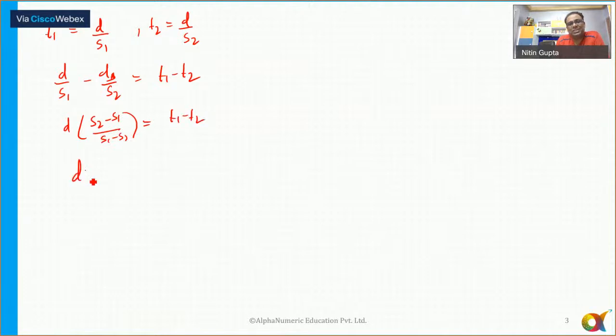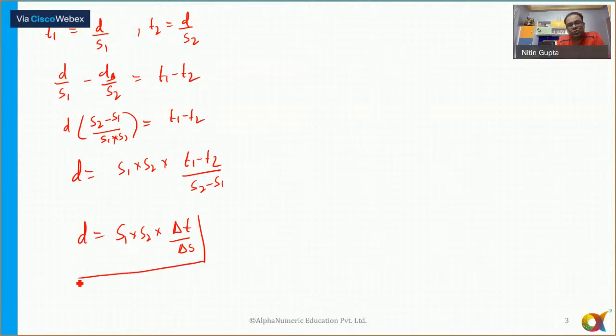So distance is basically, this is S1 into S2. Distance is equal to S1 into S2 into T1 minus T2 upon S2 minus S1. And what is the difference between these two? I can say change in time. So distance is basically the product of the two speeds into change in time, delta t, upon change in speed, that is delta s.